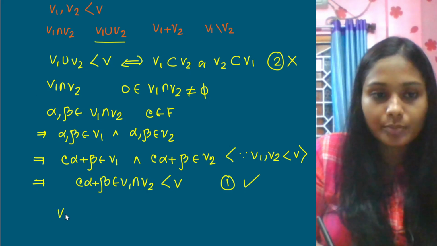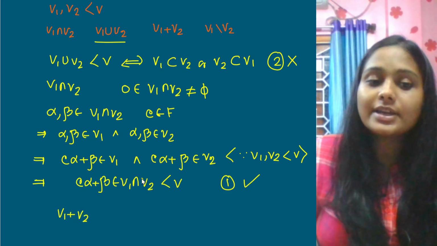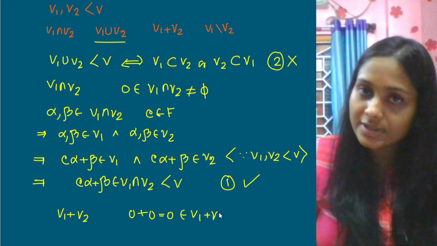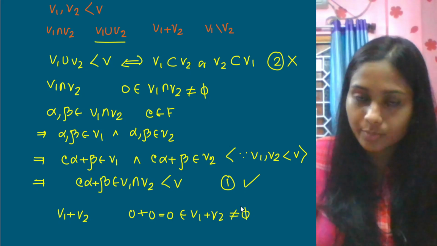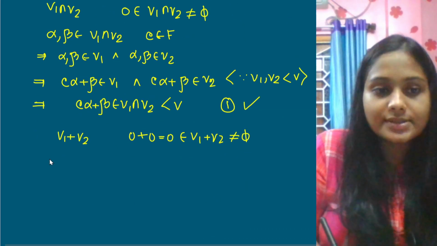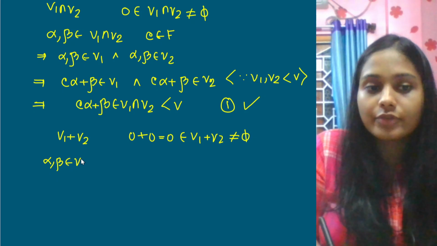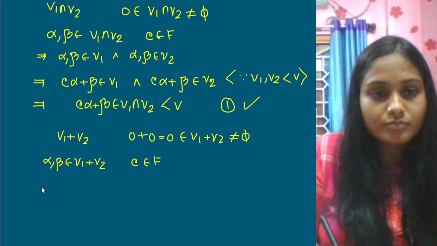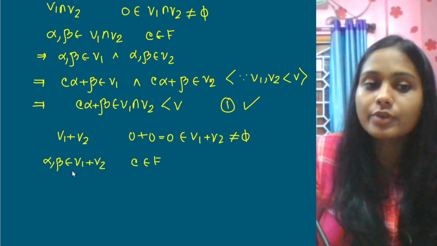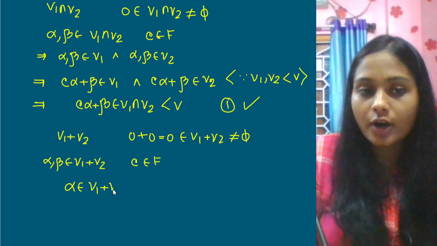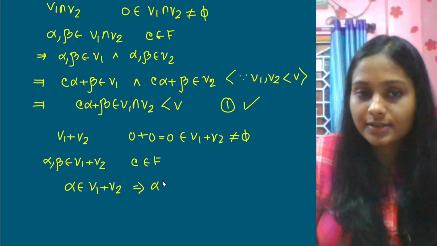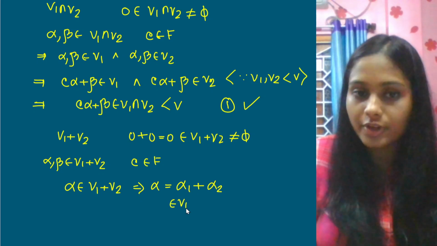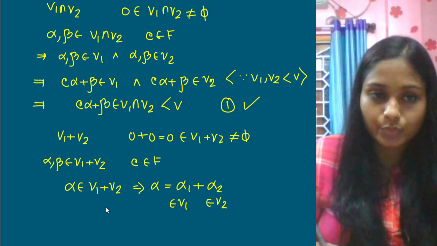Now let us check this option V1 plus V2. Similarly, 0 plus 0 equals 0 always belongs to V1 plus V2. So this is non-empty. Now let us take two elements, alpha, beta from V1 plus V2 and C from F. Since alpha belongs to V1 plus V2, alpha can be written as alpha 1 plus alpha 2 such that alpha 1 belongs to V1 and alpha 2 belongs to V2.